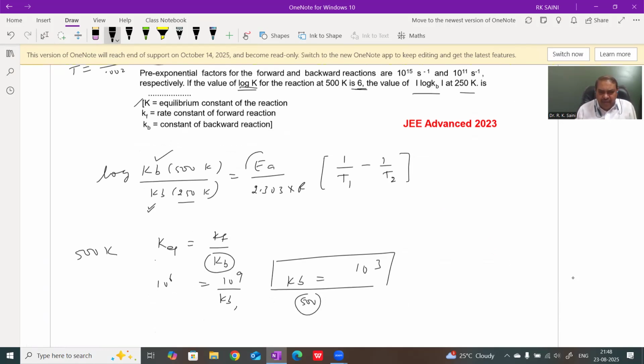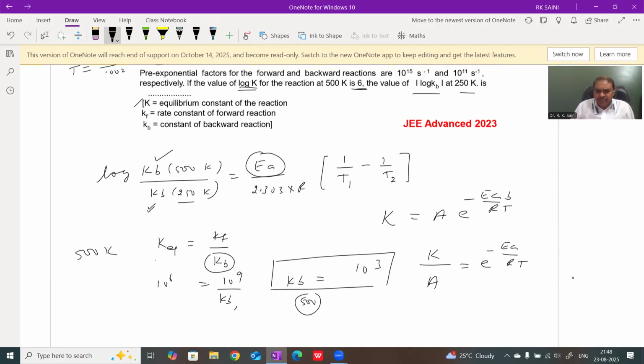Now we find the activation energy for the backward reaction and then solve the problem. So we know the Arrhenius equation: K equals A e to the power minus EA upon RT for the backward reaction. Therefore, we write K upon A equals e to the power minus EA upon RT.